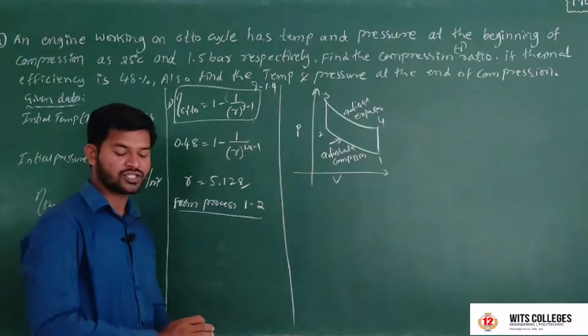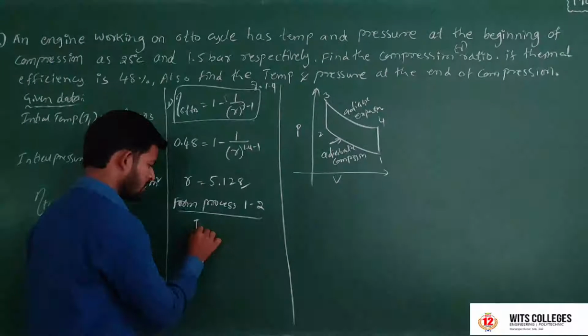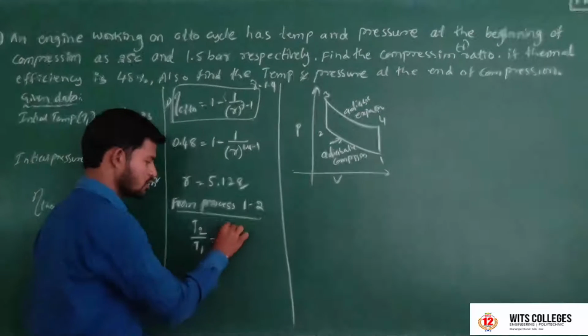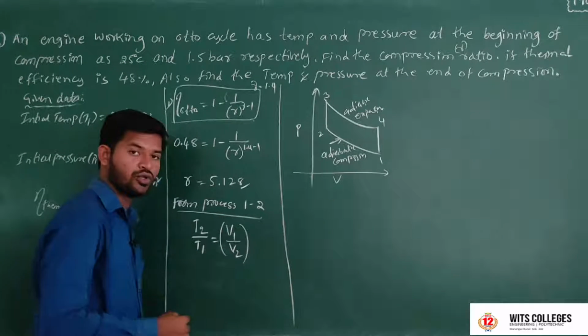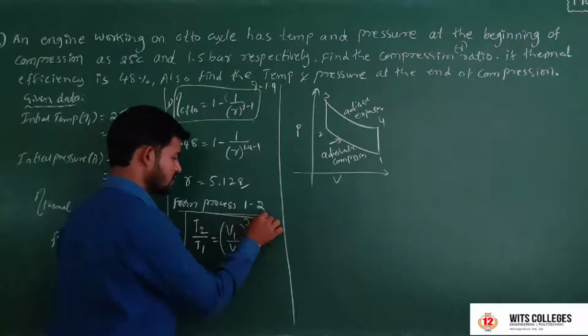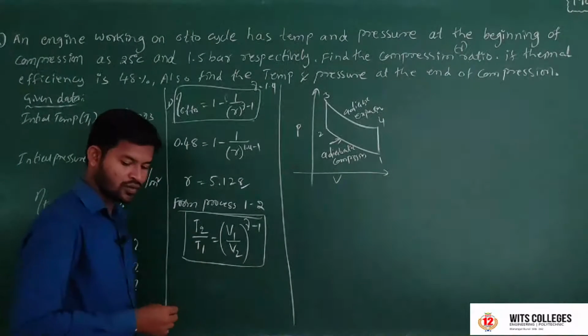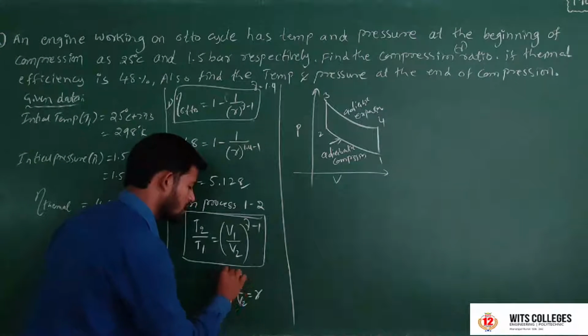We know the relationship between the temperature and volume, that is T2 by T1 equals V1 by V2 to the power of gamma minus 1. Here V1 by V2 equals r, the compression ratio.